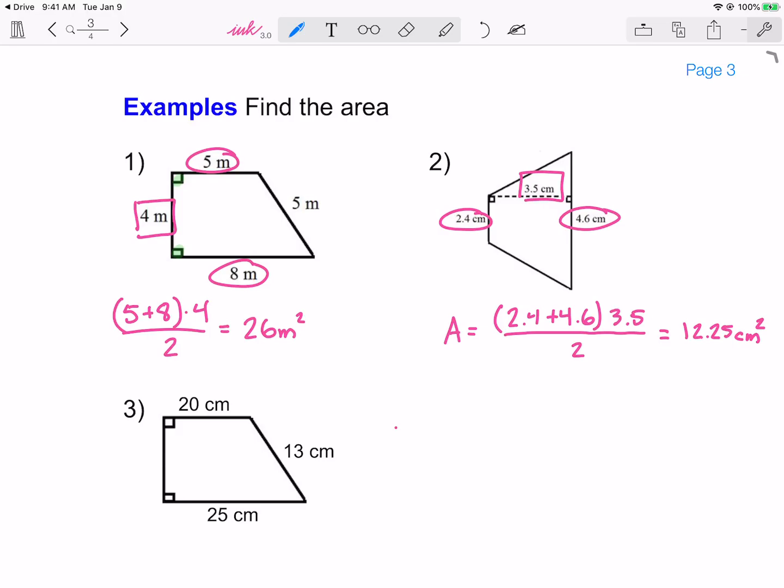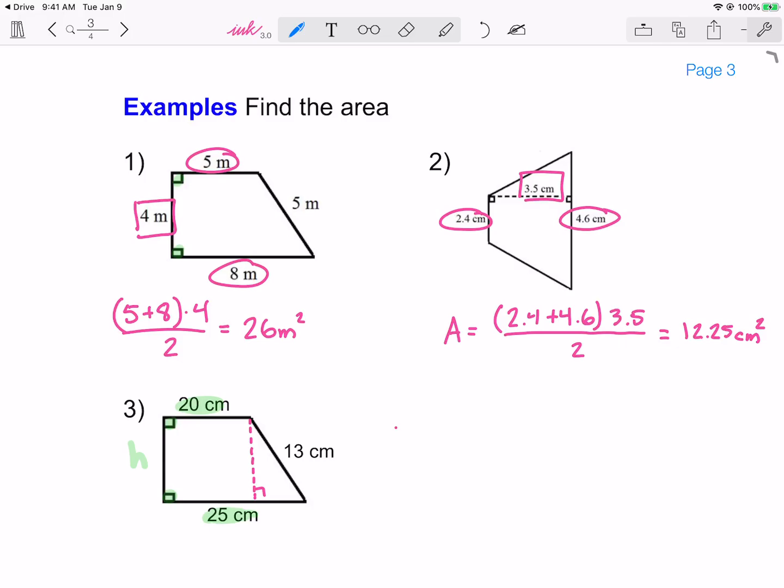All right, now the next one, I don't have the height, because remember, I need to focus on the two bases, which are 20 and 25, and figure out what they're perpendicular to. Well, they're perpendicular to this right here. So I've got to do a little bit of math, and I've got to do some thinking. So if I draw another perpendicular line right here, I get a triangle.